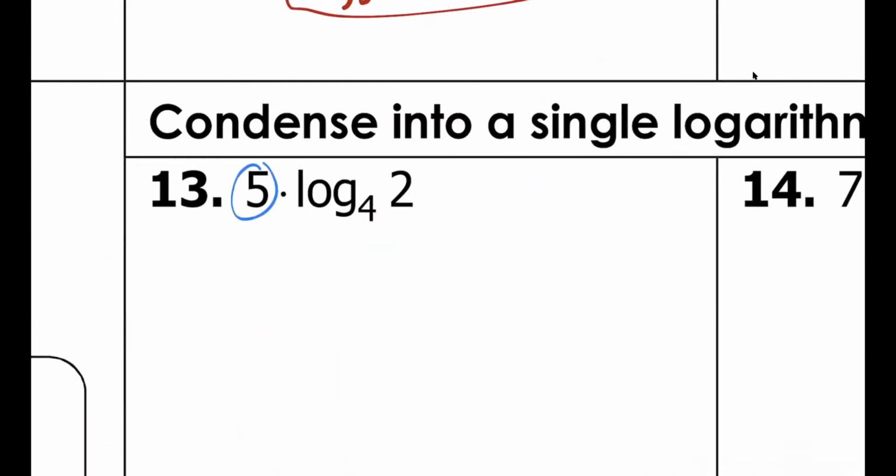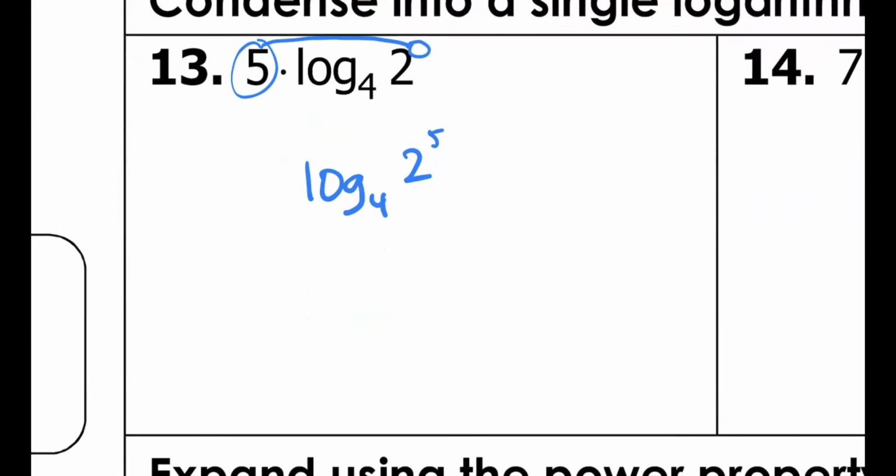So this 5 is just going to go back to an exponent of 2. So this becomes log base 4 of 2 to the 5th. Okay. Or log base 4 of 32. Okay. So if you have a number in front of the log, just slide it into the exponent of your result.